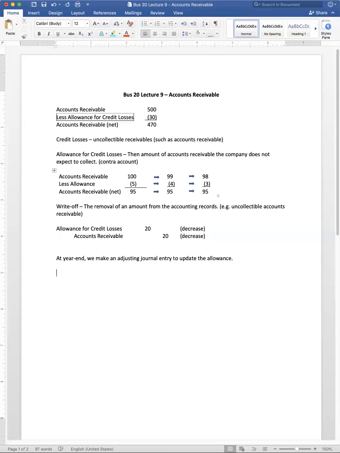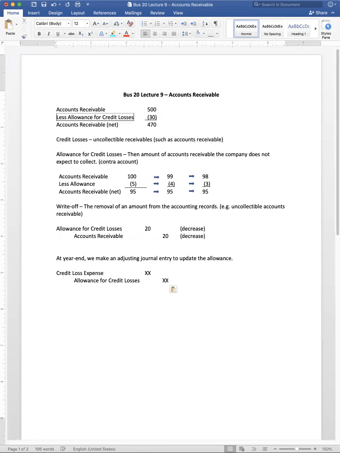And that adjusting journal entry debits credit loss expense, right? So we're debiting an expense for the people who don't pay us. And then here we're crediting or setting up this allowance for credit losses. So we do this adjusting entry at the end of the year, and then the following year, as we discover people who can't pay, we do this write-off entry.